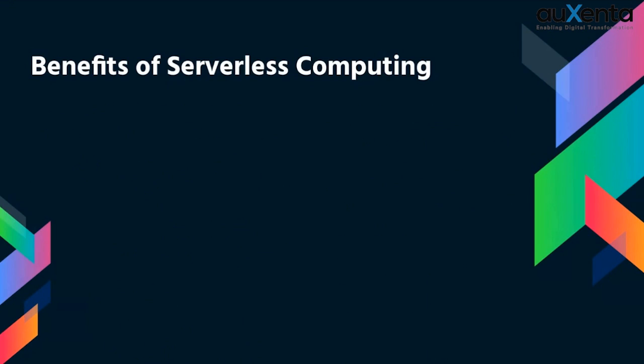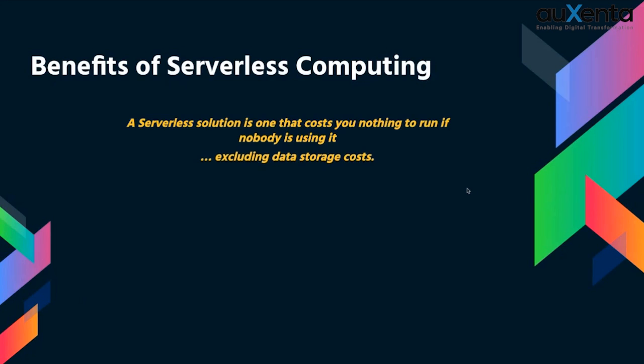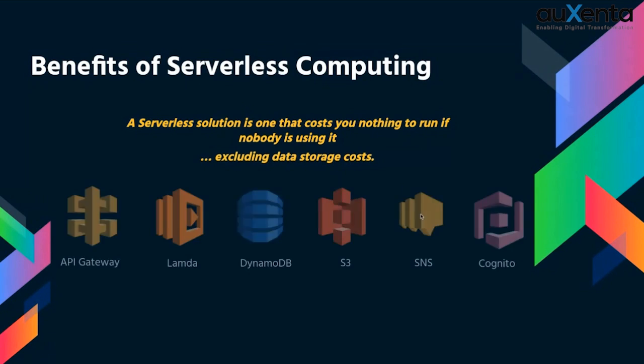For me, a serverless solution can be identified in a relatively simple way. A serverless solution is one that costs you nothing to run if nobody is using it, excluding the data and the storage cost. That means you simply don't pay for idle servers anywhere. For example, if you take this AWS-based serverless solution, you would have something like this: API Gateway, Lambda, DynamoDB, S3, SNS, and Cognito.